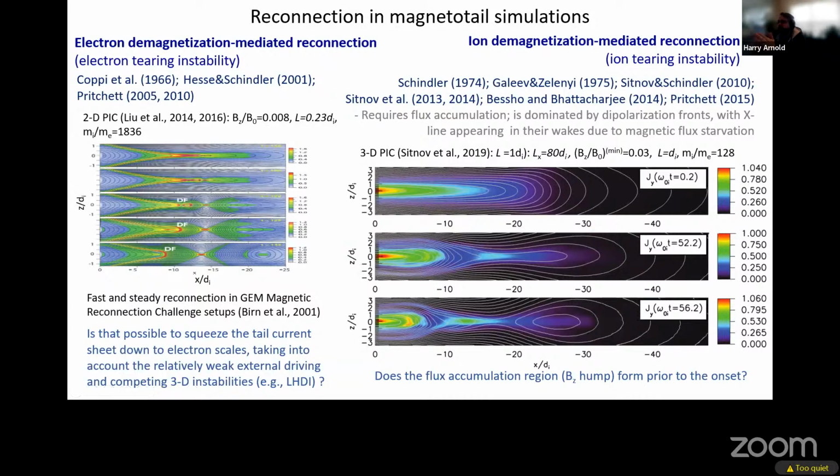Now let's just talk about reconnection in these PIC simulations that have magnetotail geometry. Basically it boils down to 2 different ideas of a way to make this geometry unstable with reconnection. The first, which I think makes the most simplistic sense, is electron demagnetization.